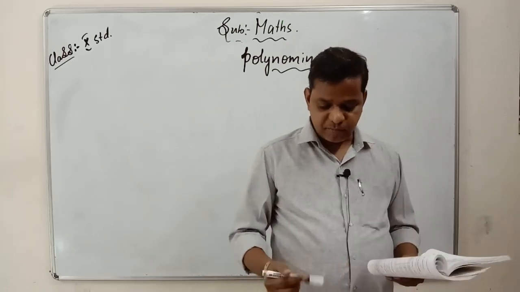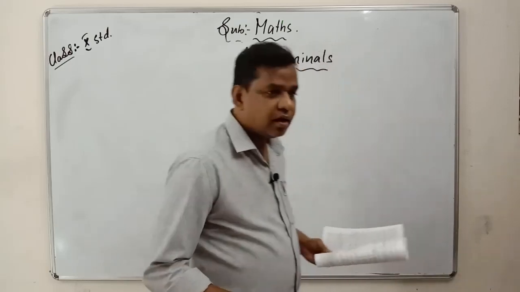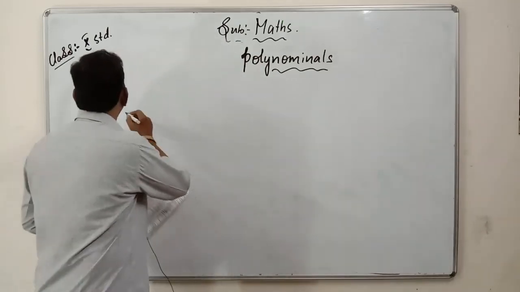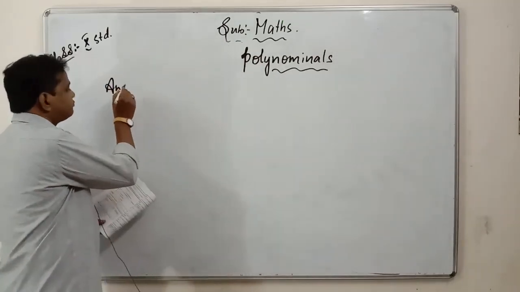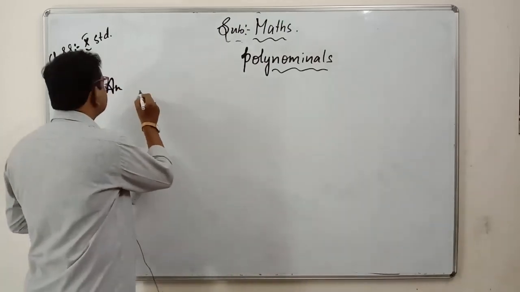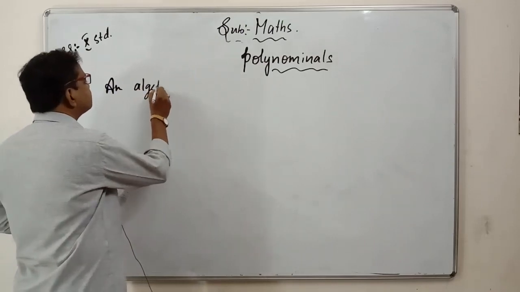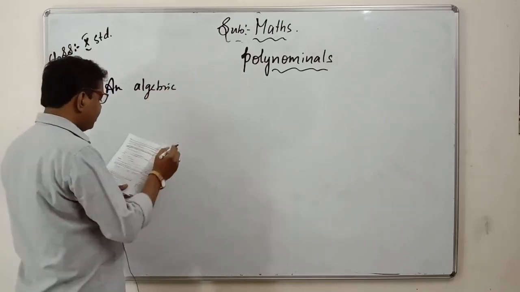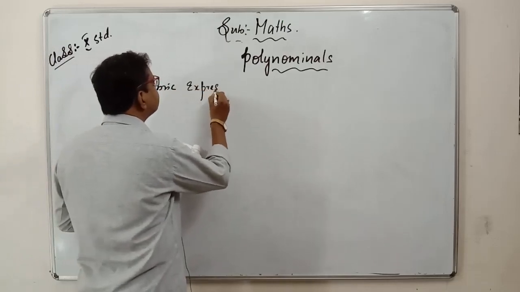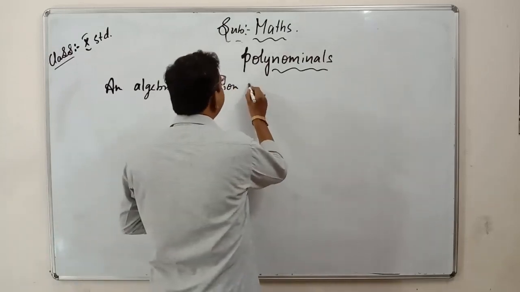The definition of polynomials is an algebraic expression. Please copy it down or write it down in your notes. An algebraic expression of the form.